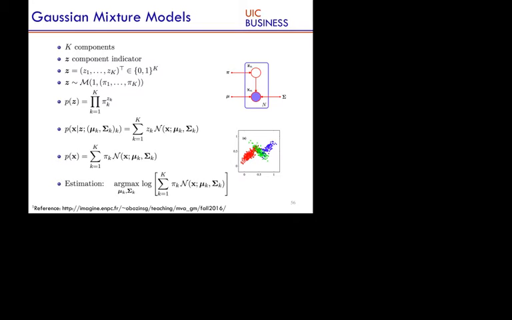So that's the modeling assumption that we're making. The probability of x given z is given this way, okay?